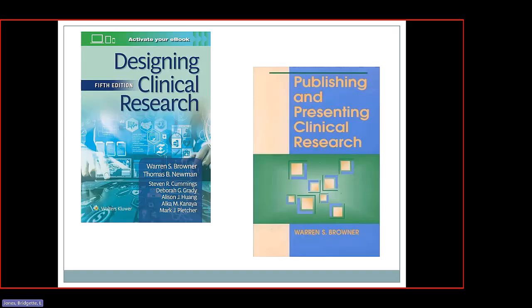They're really good resources that give very practical instruction on how to first put together a research project, and there's another textbook that has some really good content on once you get ready to publish your results, either in an abstract form or a poster or a manuscript, that walks you through that process. So I highly recommend those. I do have copies of them that folks are welcome to borrow and make copies from, but it might be something good to just have available in our division for people to borrow.